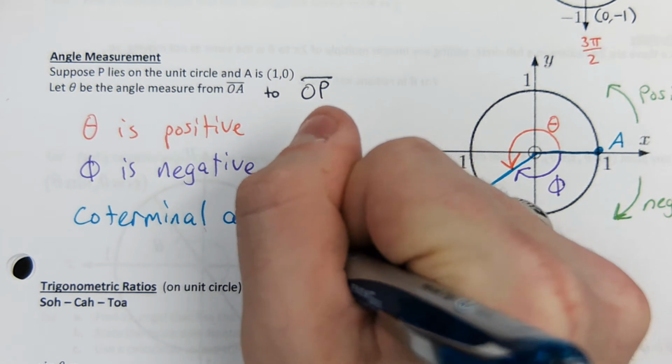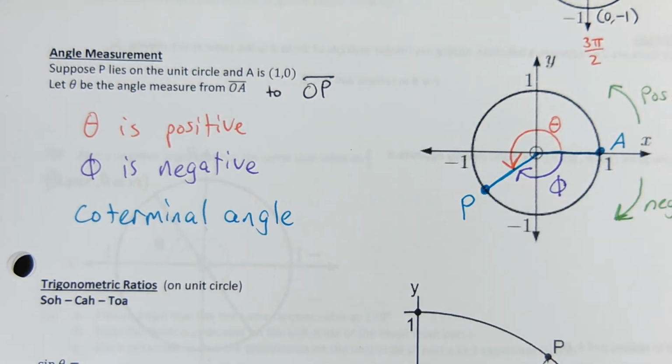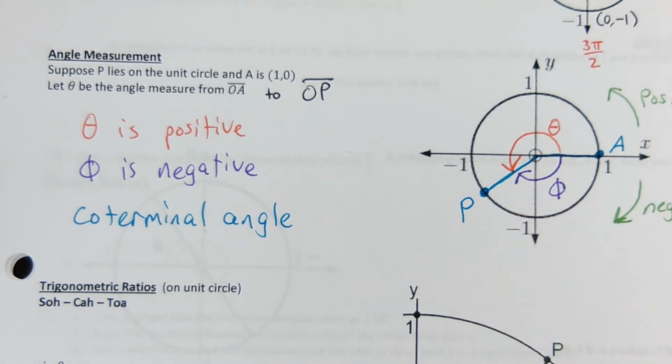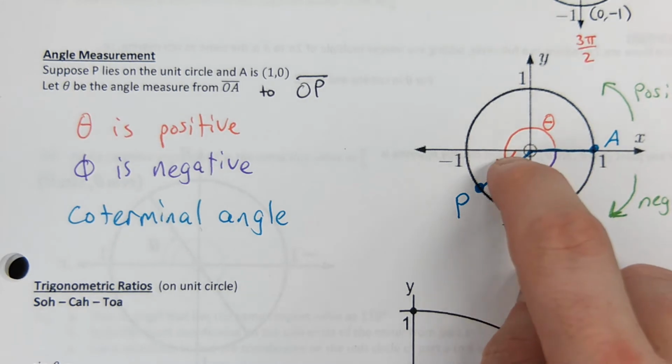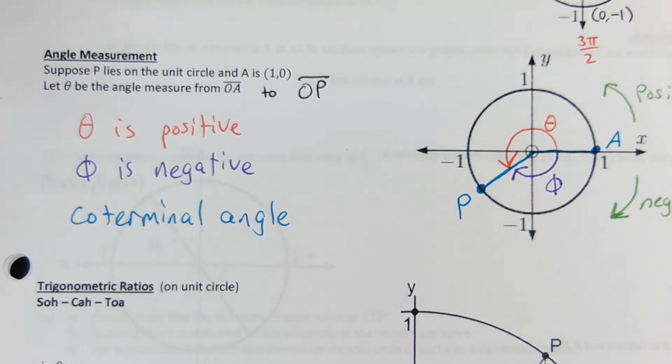And this is an important concept in trigonometry, coterminal angles, because honestly, if I was just trying to get positive answers only, I do have a theta that goes from here to here, but I could get another positive angle that's coterminal that lands in the exact same spot simply by turning a full circle.